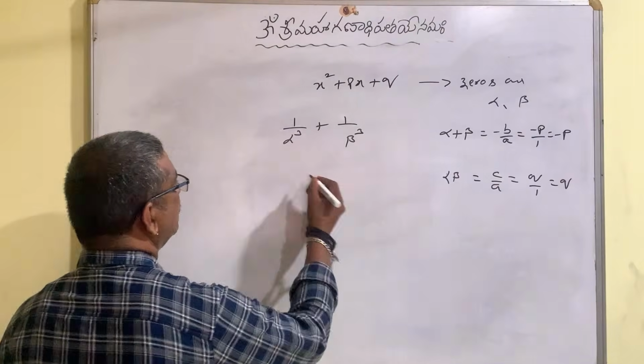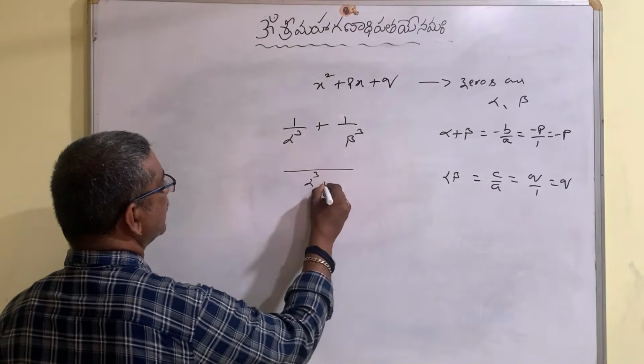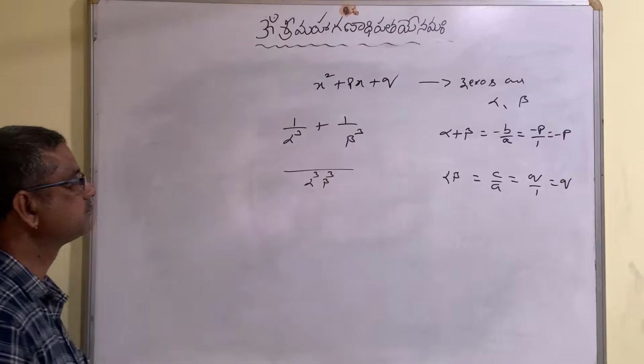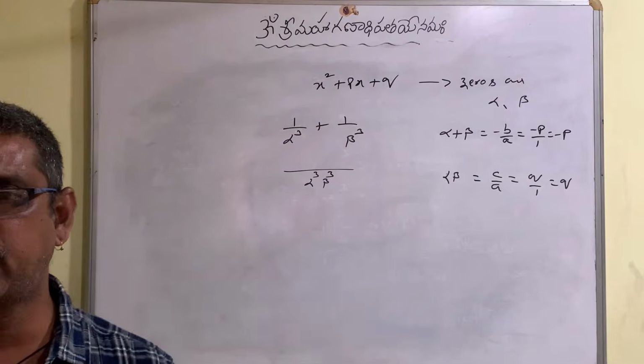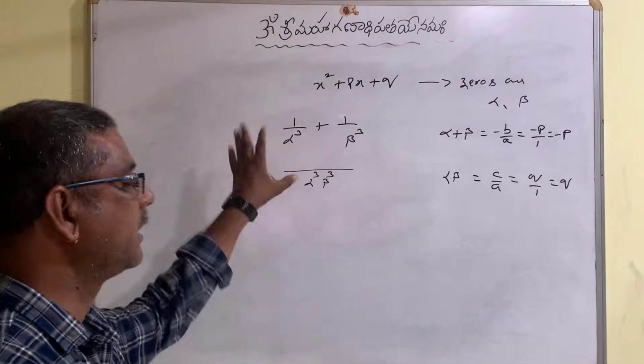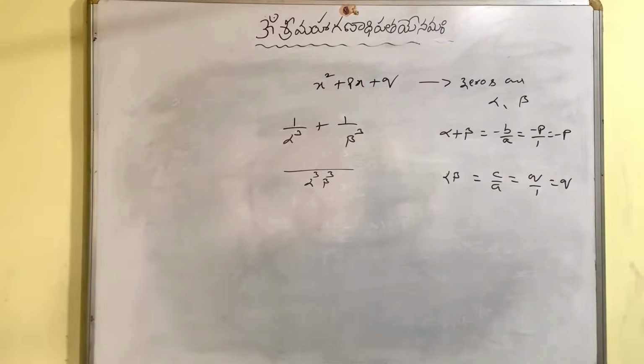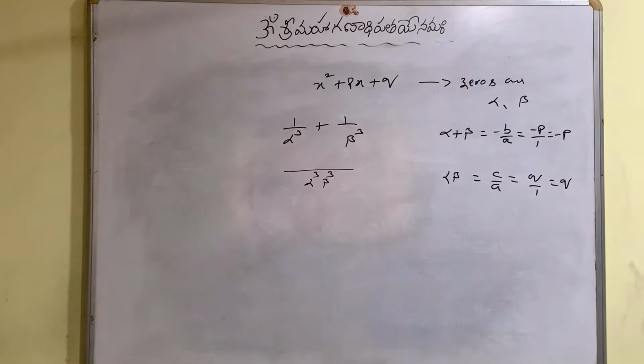Now, LCM of alpha cube and beta cube is alpha cube beta cube. Now on the numerator what we will get?